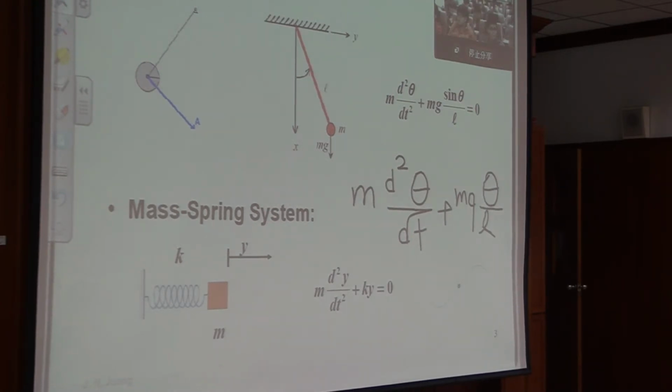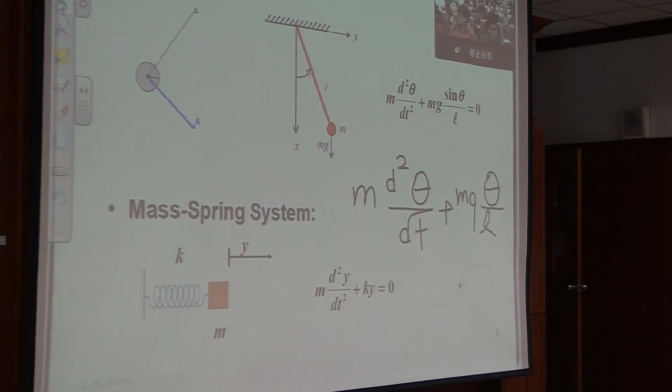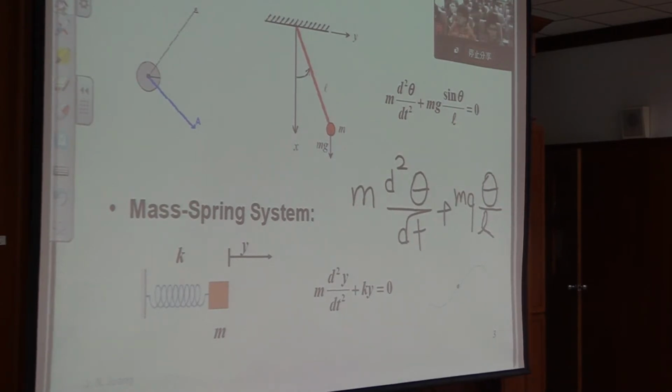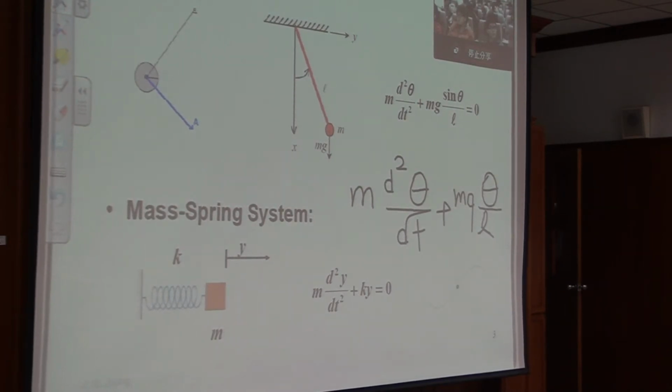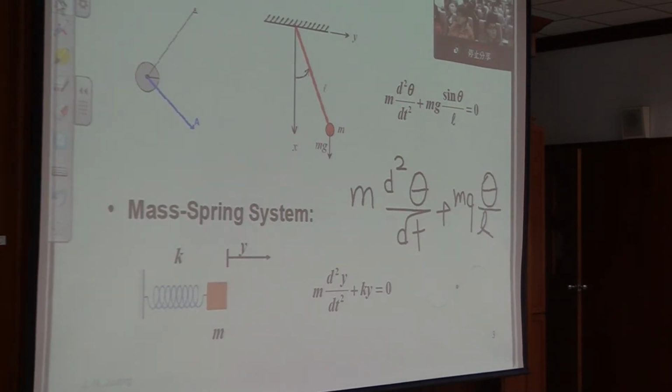This is the linearized pendulum equation. And sometimes when we get to higher order equations, we often get confused whether they're linear or not. The definition of a linear equation is that all terms are the first power of any derivative.